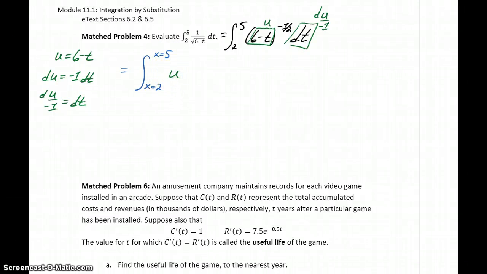So the integral of u to the negative 1/2 times du over negative 1, or bringing that negative 1 out front, negative 1 times the integral from 2 to 5 of u to the negative 1/2 du.